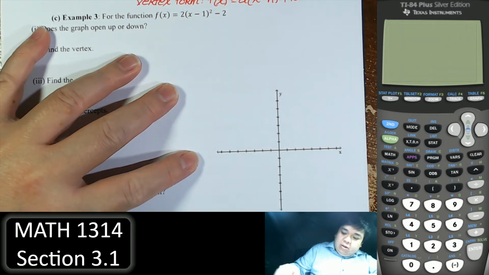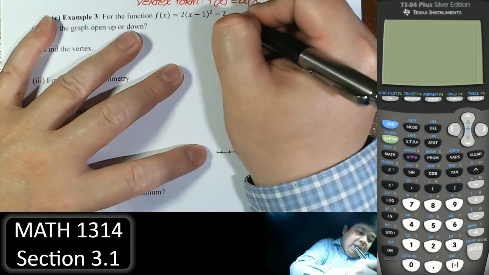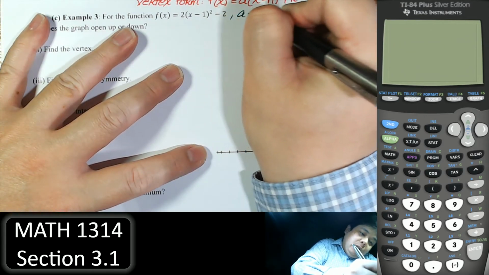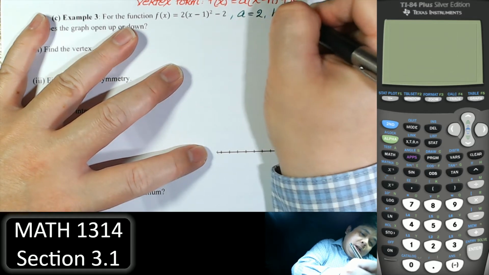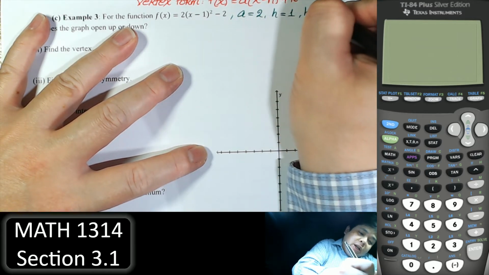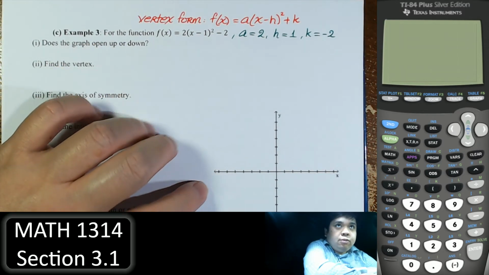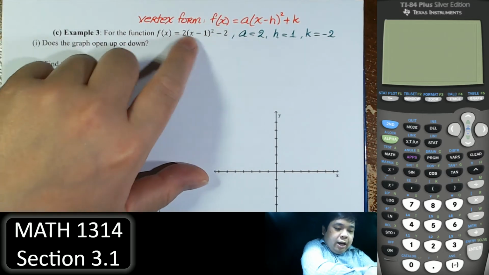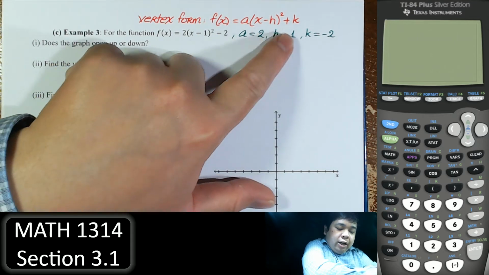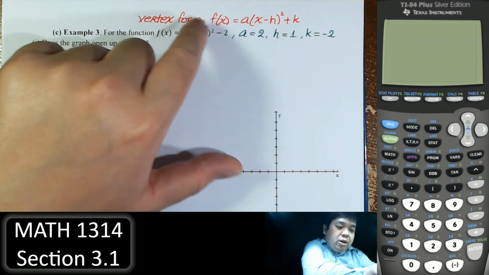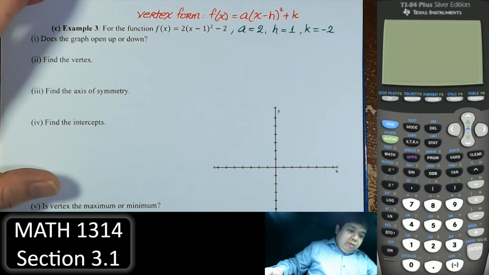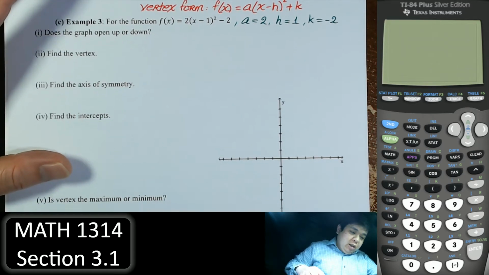So in this particular example, a is equal to 2, h is equal to 1, and k is equal to -2. Yeah, a is 2, h is 1, and k is -2. Just match that with the form of the function.